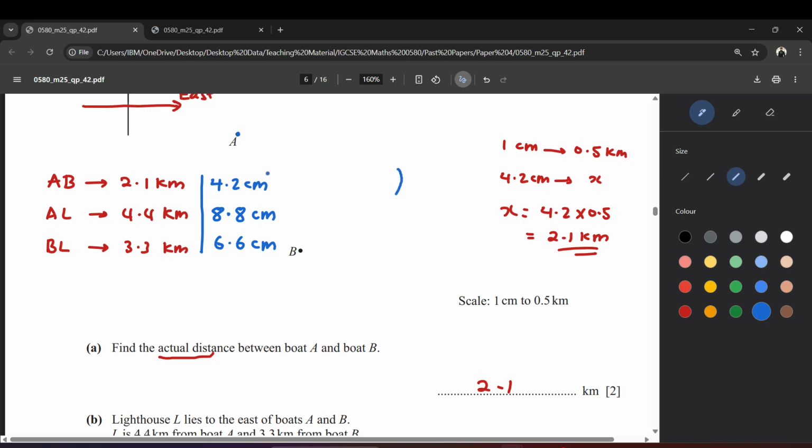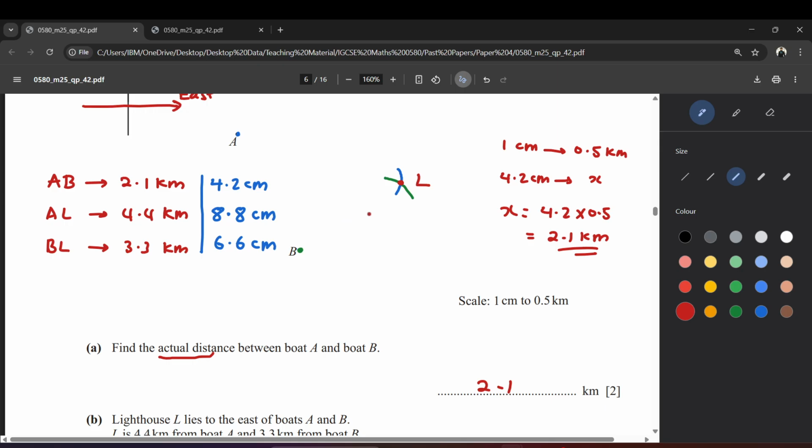Now you put your compass at B and open it to 6.6 centimeters. Then you make another arc, so for example, it goes over here. Now this is the point where the arc from A and the arc from B intersect. This is your point L.